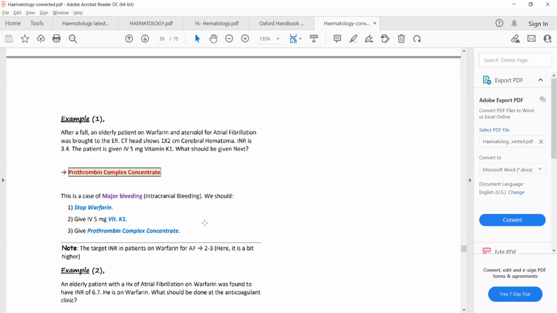Another example, an elderly patient with a history of atrial fibrillation on warfarin was found to have INR of 6.7. He is on warfarin. What should be done at the anticoagulant clinic? Now tell me, what should we do in this case?